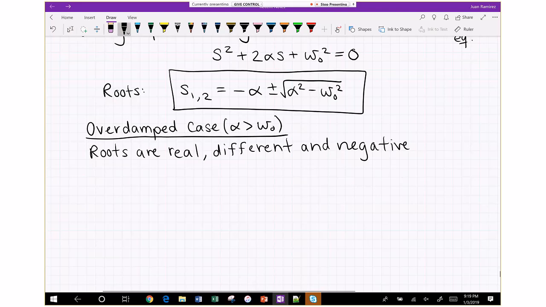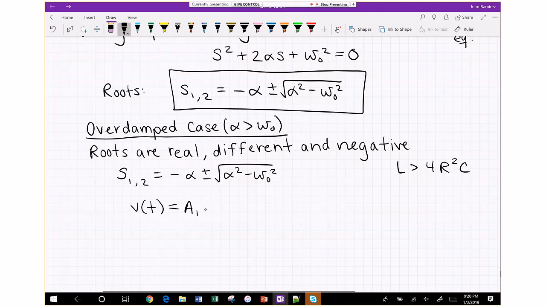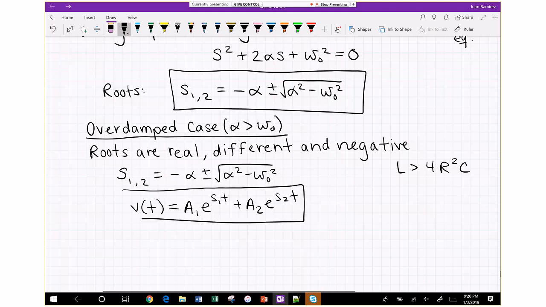And for this to be true, the inductance has to be greater than 4 times R squared C. The roots are equal to what we just wrote down. And the solution for the voltage is A1 e to the S1t plus A2 e to the S2t, which looks a lot like the solution for the overdamped current in a series RLC circuit.